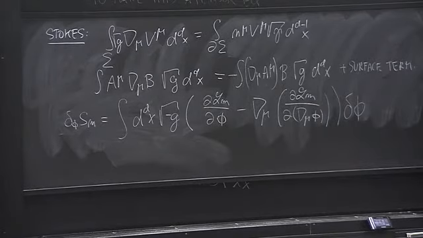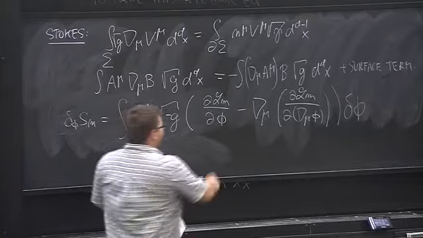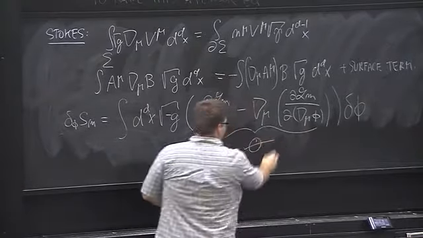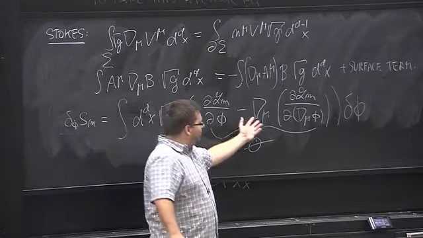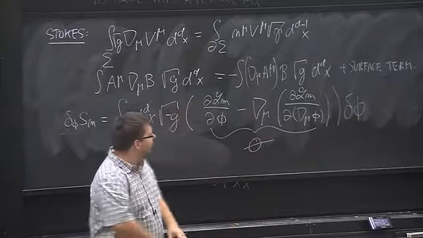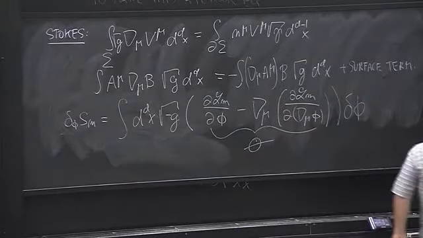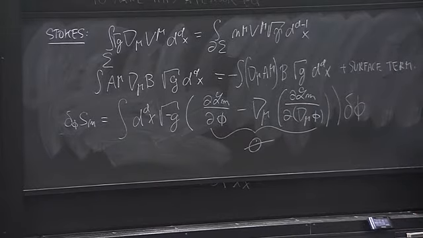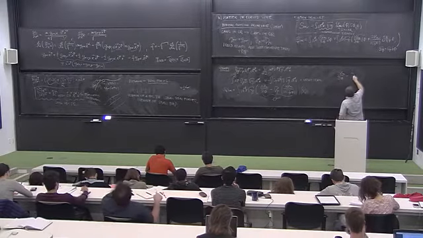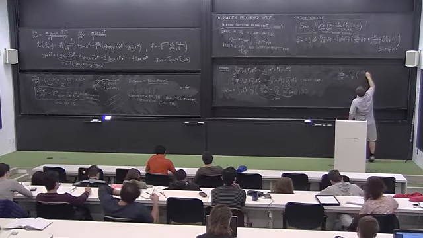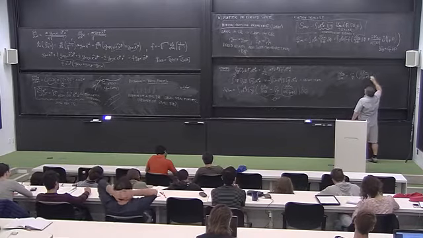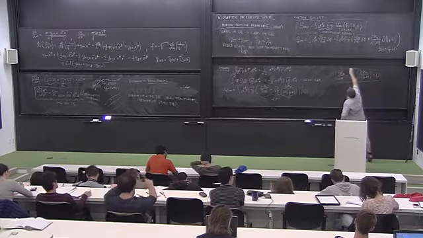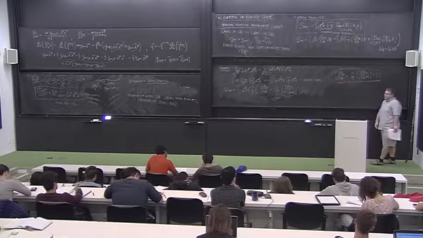Okay, and so then my Euler-Lagrange equations are, as you would expect, this is equal to 0, and it's precisely the same thing as we had for the field theory in flat space, except again you replace the partial derivatives with the covariant derivative. Okay, so that's my Euler-Lagrange equations. dL_m d phi minus nabla_mu dL_m over d nabla_mu phi equals 0 are the equations of motion for the matter in the curved space.